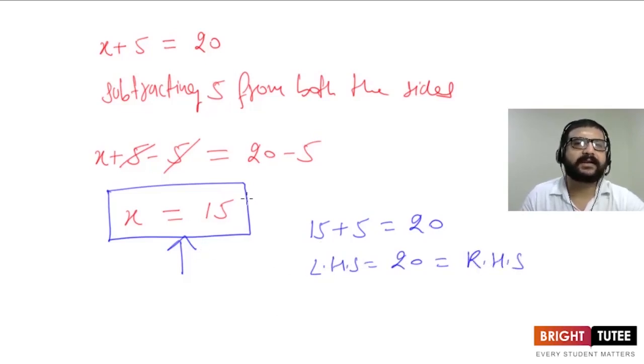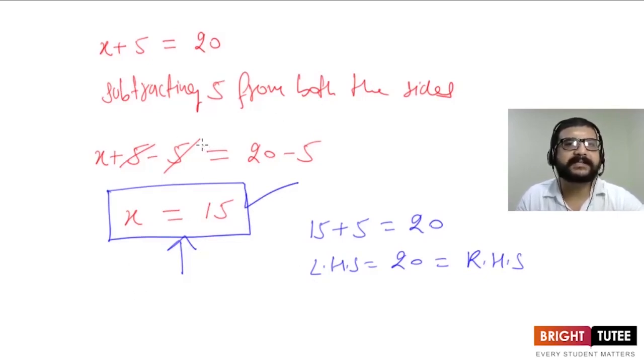Hence x equal to 15 is a solution of the given equation. So let's summarize. We had an equation x plus 5 is equal to 20. We simply subtracted 5 from both the sides of the equation. This gives us x is equal to 15. So this is how we can find the solution of equations algebraically.